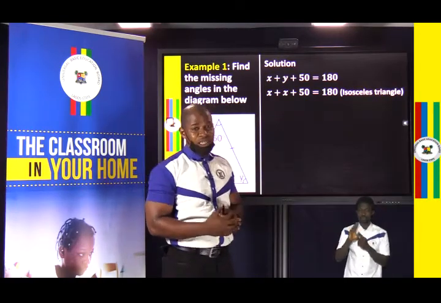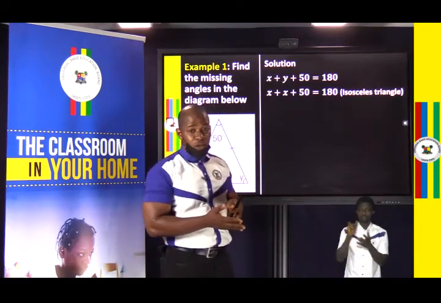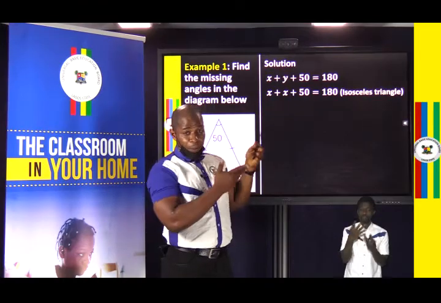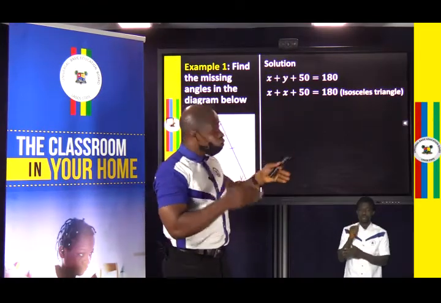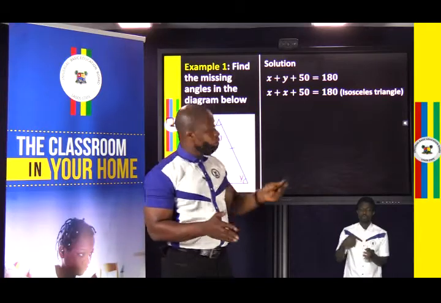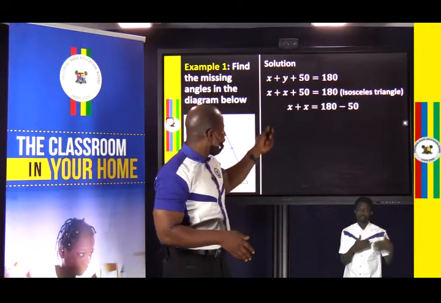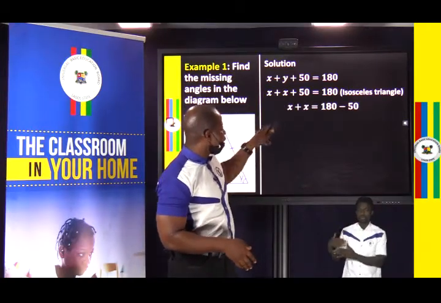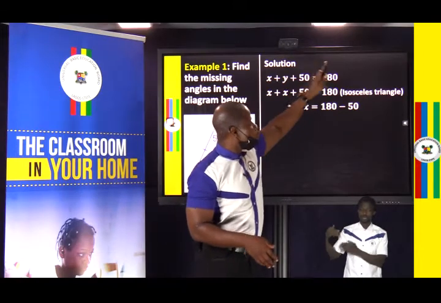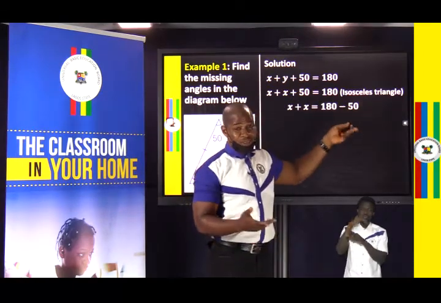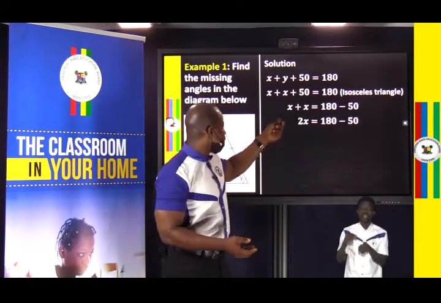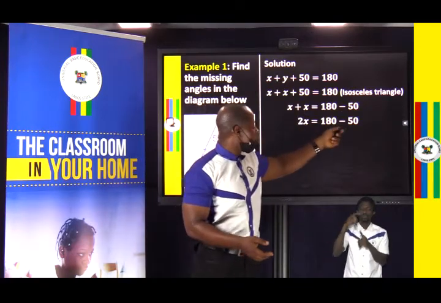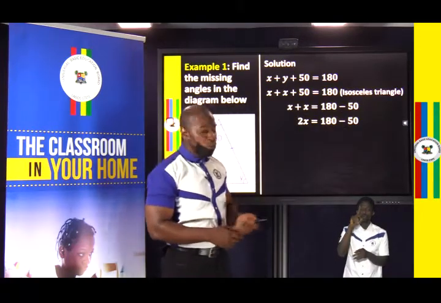Now we treat this as an equation, and you remember that we have done solving algebraic equations in our previous lessons. So we put all the numbers on one side and all the variables on one side. In this case, X plus X will remain on this side. Plus 50 will cross over the equality sign and become minus 50, as we have learned. Then X plus X gives us 2X, and 180 minus 50 gives us 130.